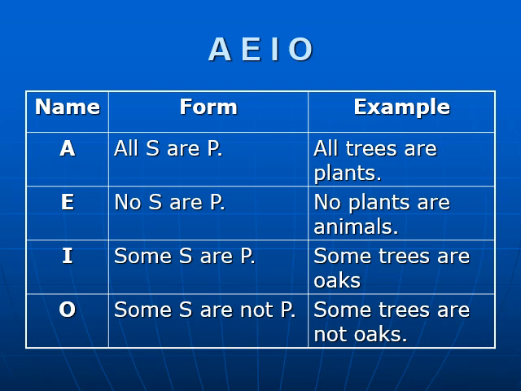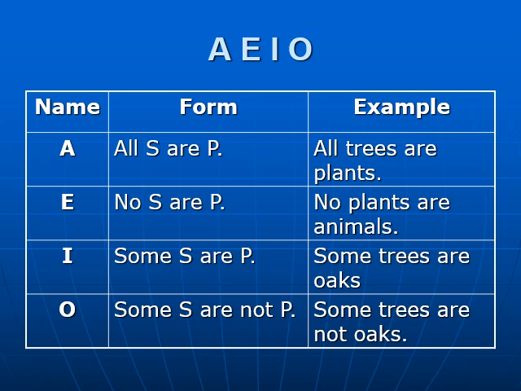An I statement is some S are P. For example, some trees are oaks. And an O statement is some S are not P. That is, to use our same example, some trees are not oaks.